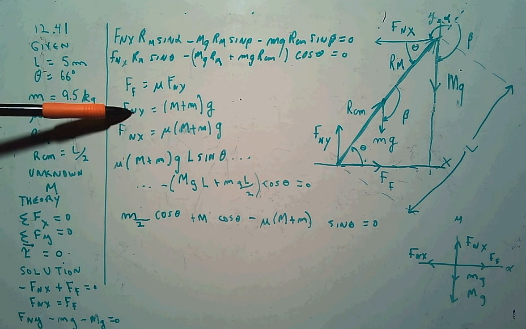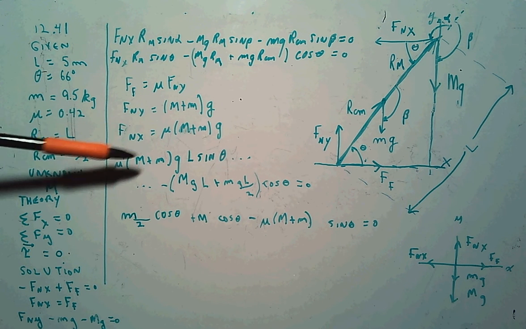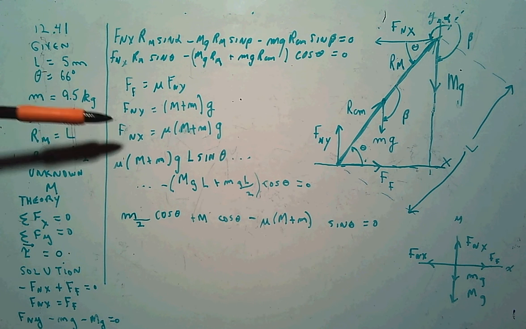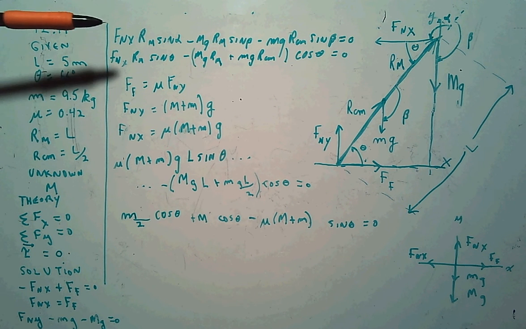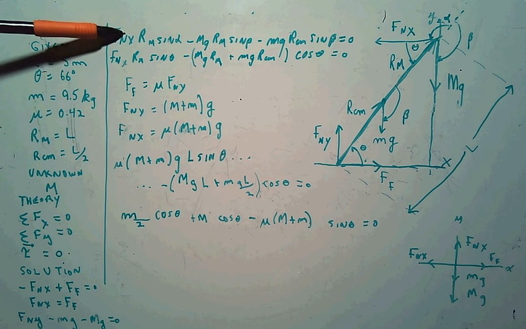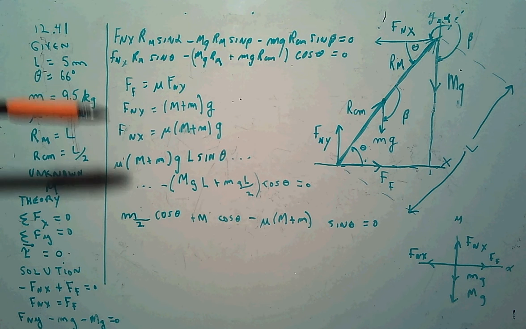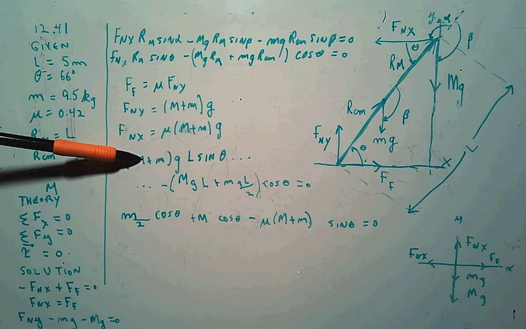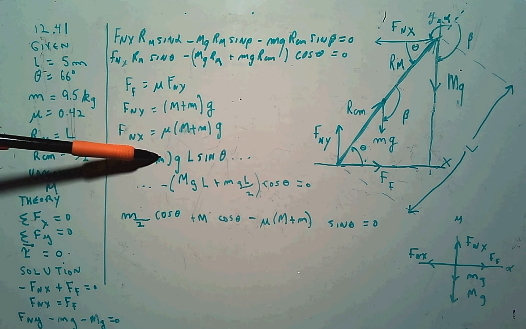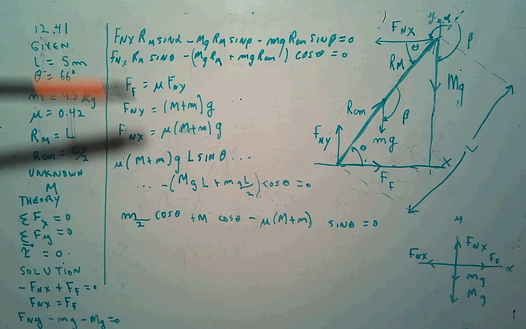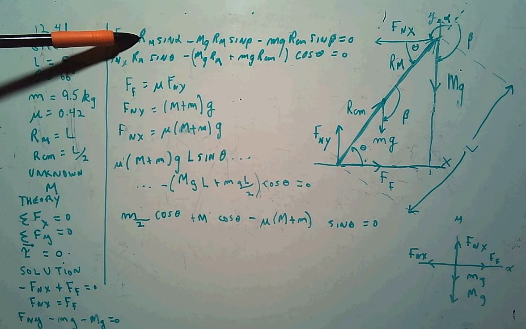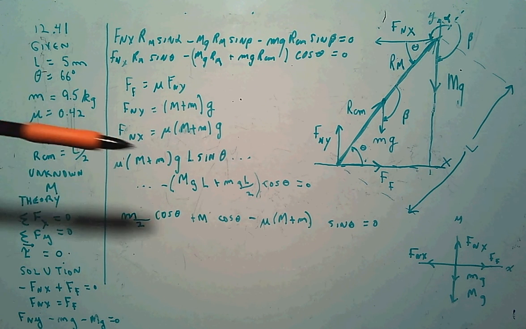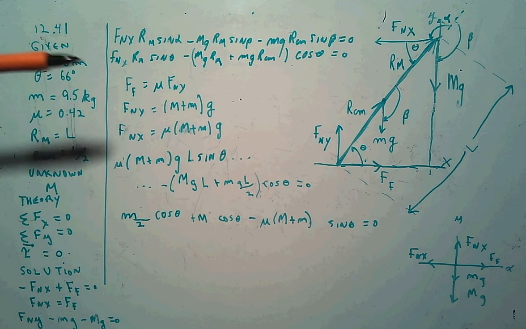So if we multiply Fny by the coefficient of friction, then we get the normal force in the x direction. And that's what we can put up here in this term. And that gives us mu times the sum of the masses times g, and then times r sub m, which is just equal to L, so I substitute that in and put the sine theta there. So that's got that term.